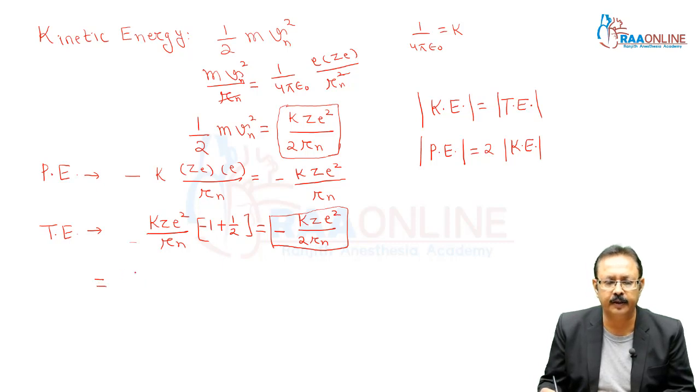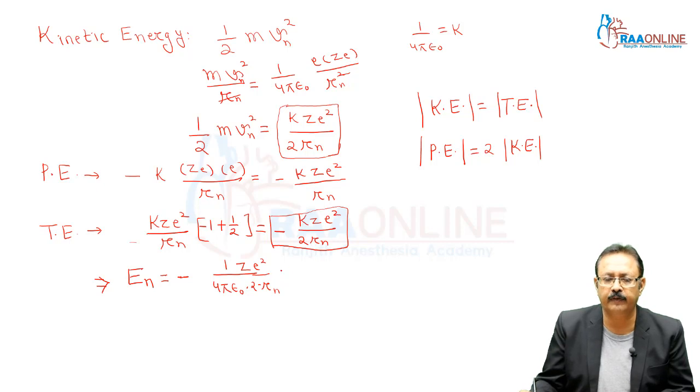Total energy in the nth orbit is minus k, that means 1 upon 4 pi epsilon naught, numerator ze square, denominator 2 into Rn.